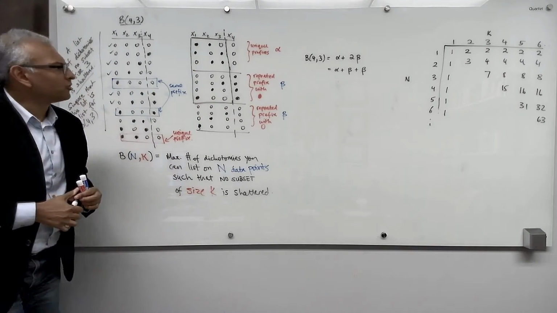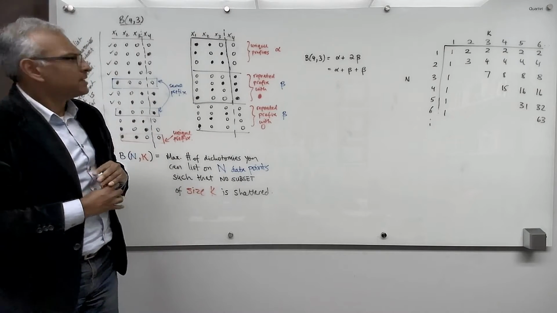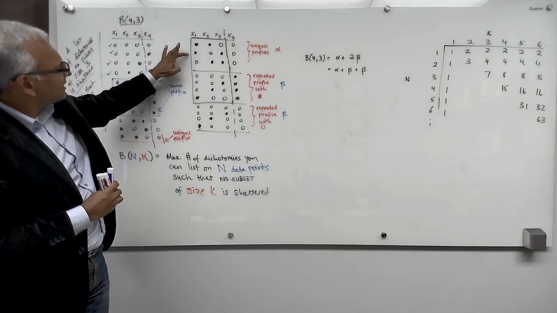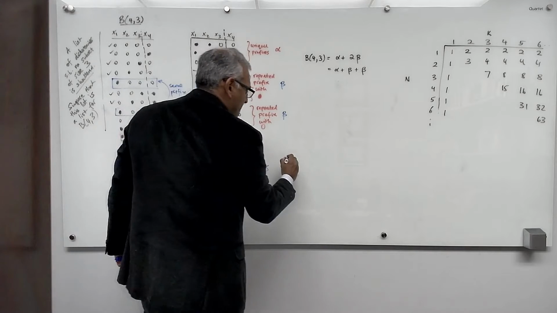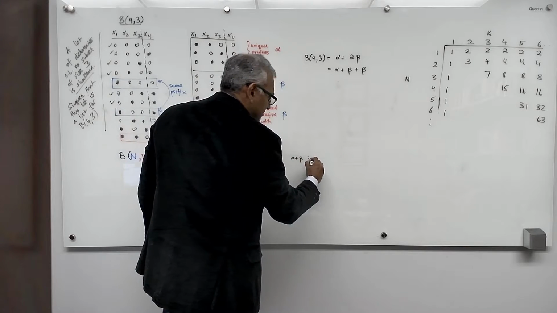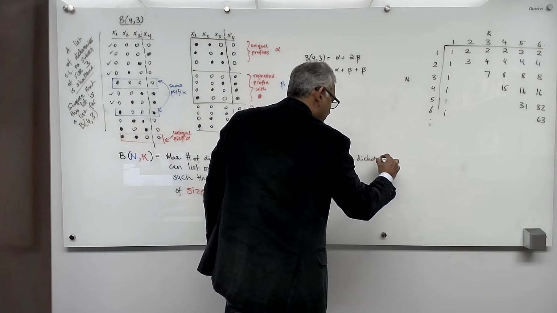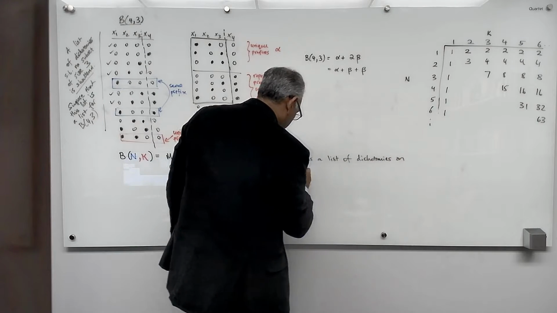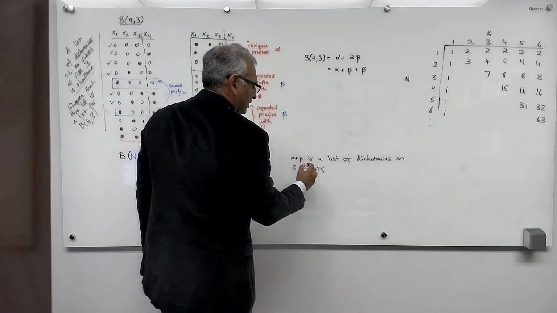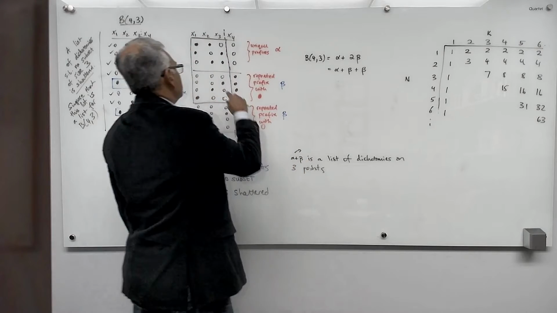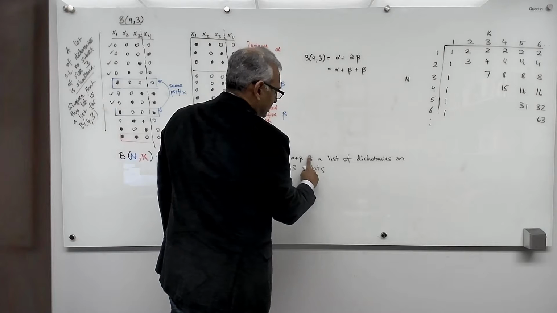Okay. So focus on these dichotomies. We have 3 points, and alpha plus beta is a list of dichotomies on 3 points, restricted to the first 3 points.